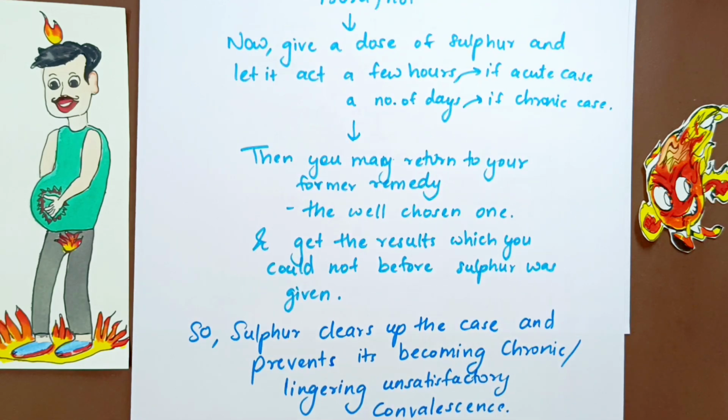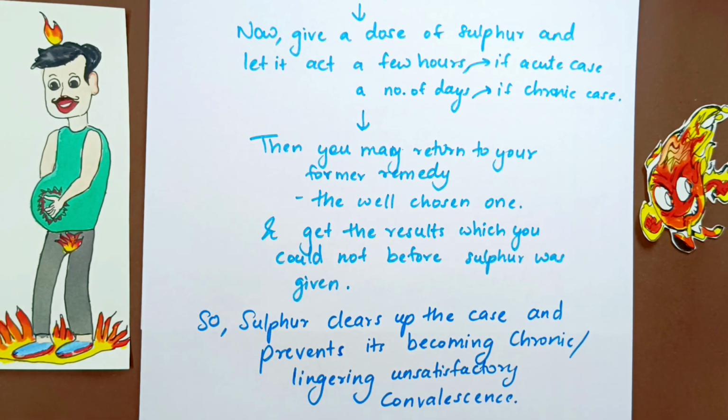Okay, that is what happens with sulfur. So maybe it is Psora that is causing the problem. Maybe it is the defective reaction of the vital force that is causing the problem. But the picture remains the same. What you have to do is give a dose of sulfur if there are indications, and then follow it with the well chosen remedy, and cure will follow.